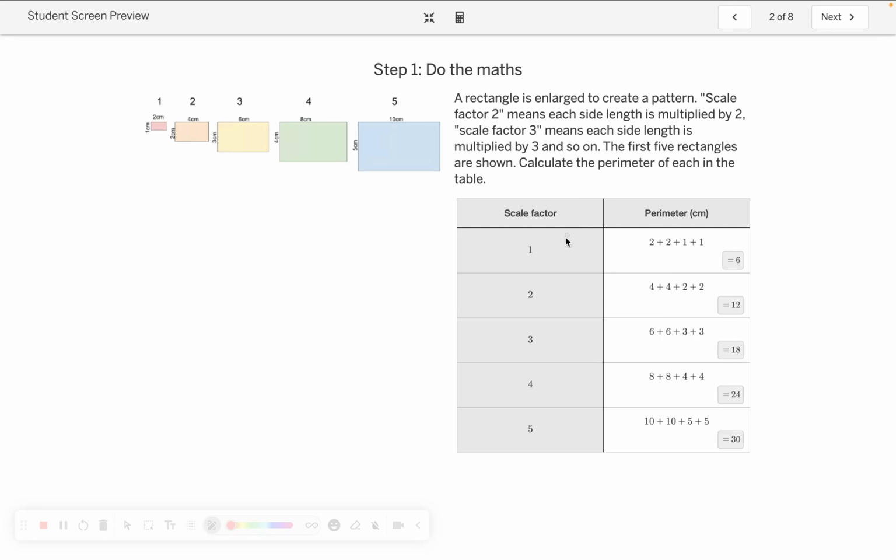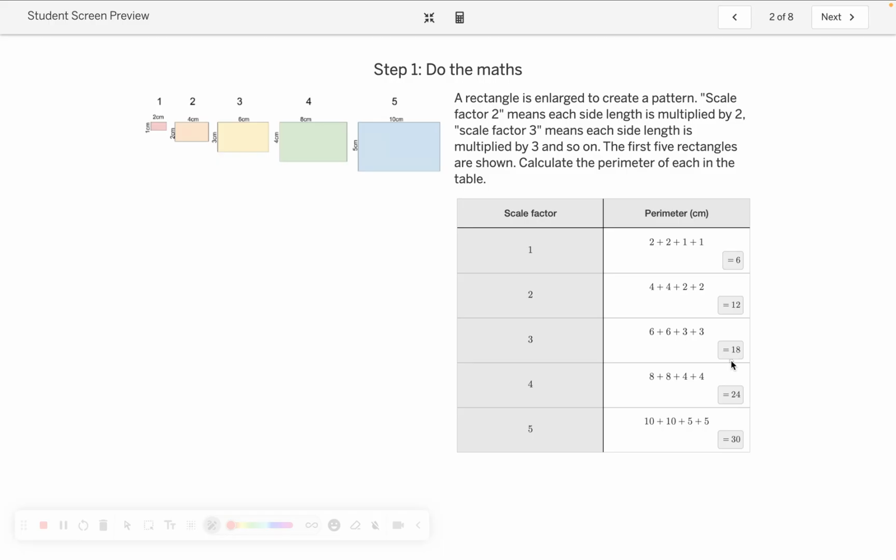Like, how am I going to use 2 to get to 12? How do I use 3 to get to 18? Now remember, we found earlier that the pattern was going up by 6, so somehow that 6 should intuitively be embedded into your rule.